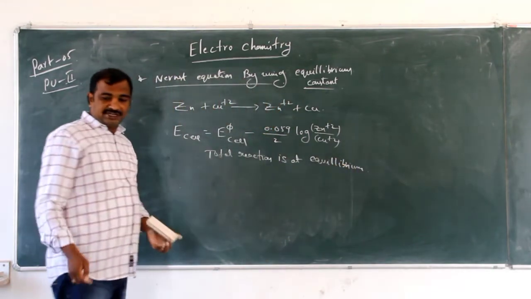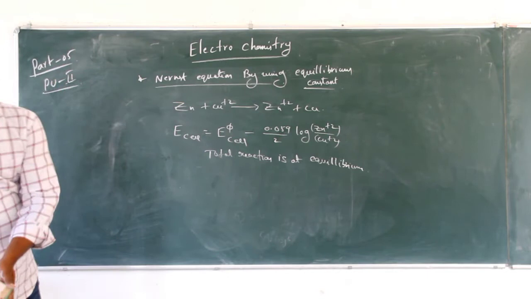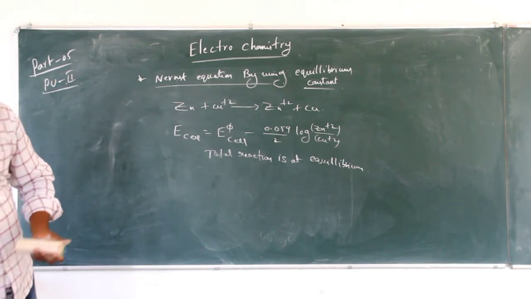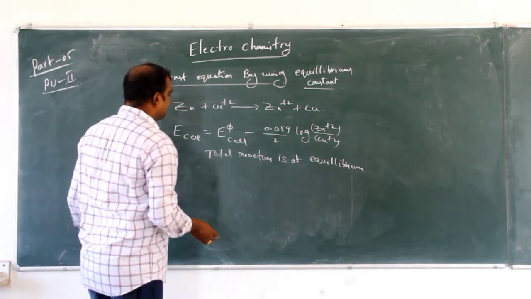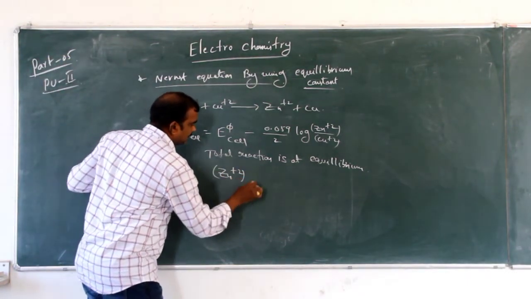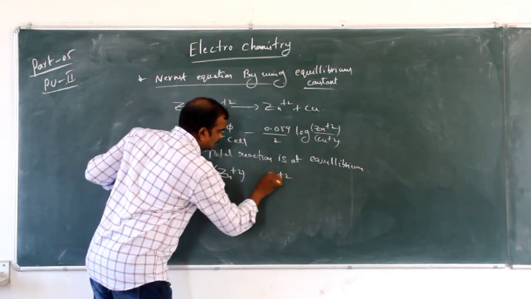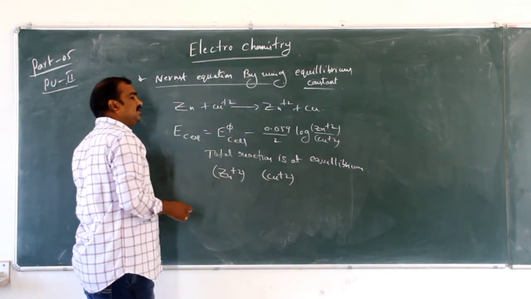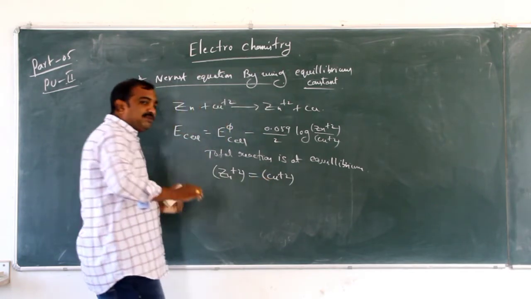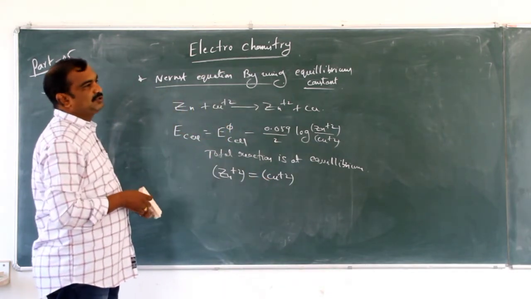That means the total reaction is at equilibrium. That means here Zn plus 2 concentration is equal to Cu plus 2 concentration.